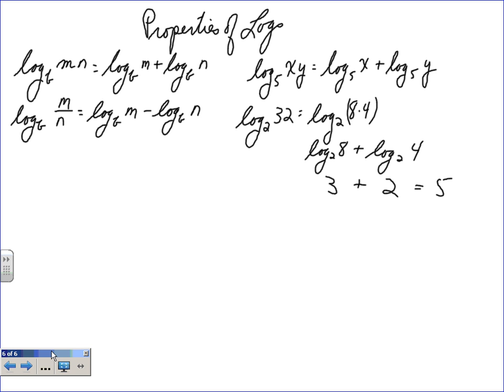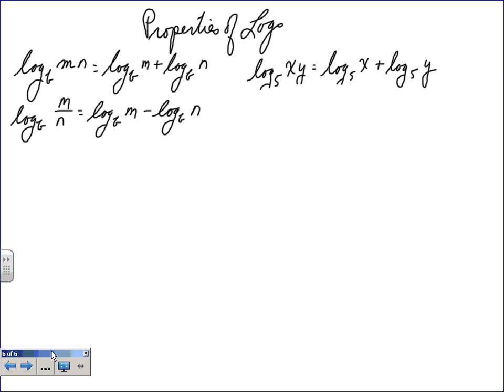All right, let me give you an example. Given that log base 2 of 3 is equal to 1.580.